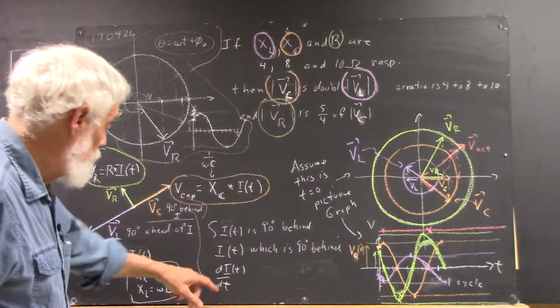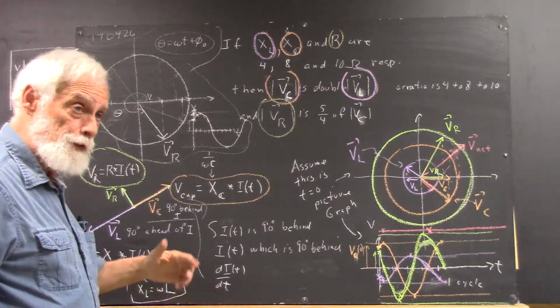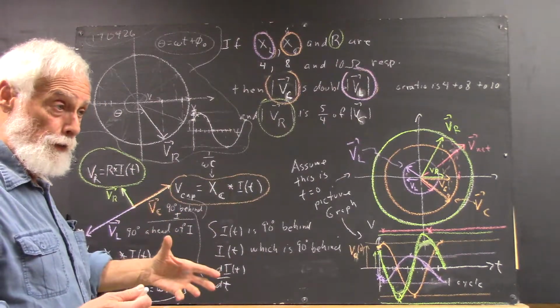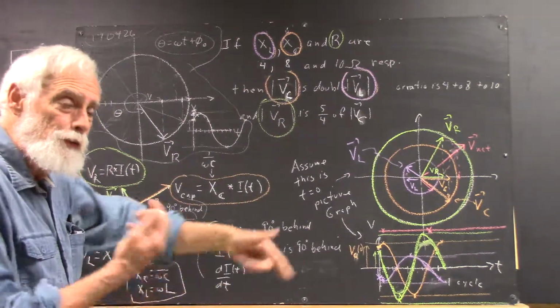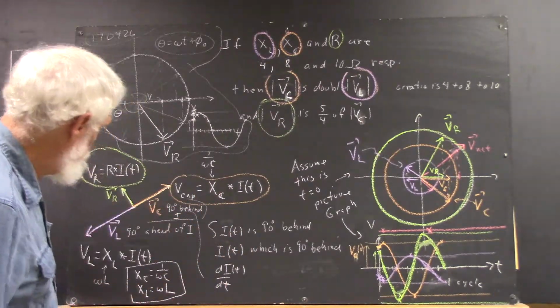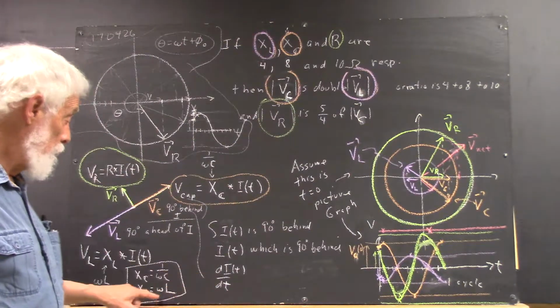Now, when you do the inductor, you're going to take the derivative of the current, because that's the rate at which the current's changing. Current changes, changing the magnetic field, causing an induced voltage opposite to the one you're trying to drive the current with. And when you do that, out of the chain rule, you're going to get an omega.